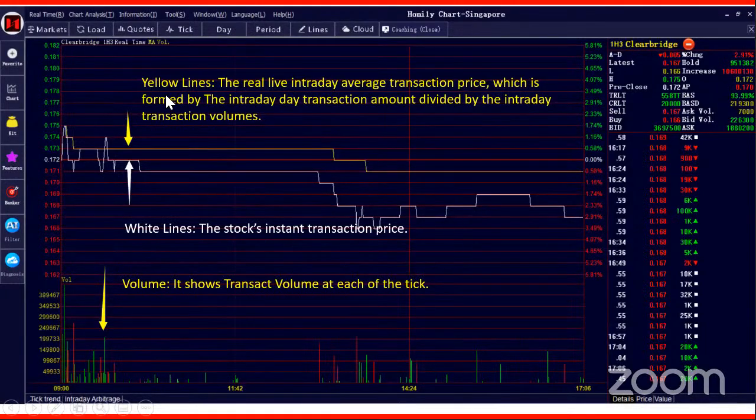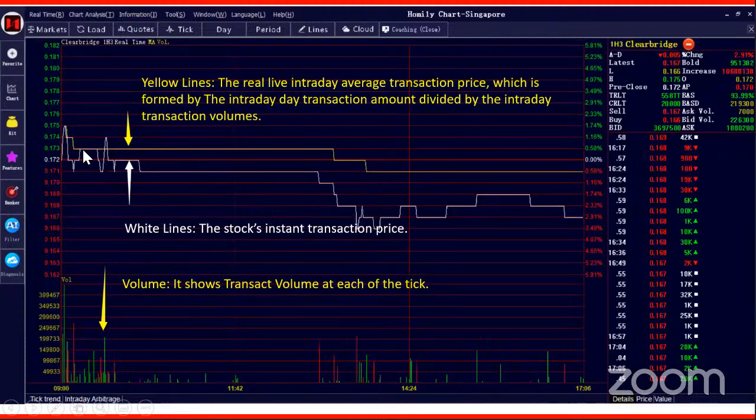All right. Then yellow line. Yellow line is the real-time intraday average transaction price, which is formed by the intraday transaction amount divided by the intraday transaction volume. So the yellow line, in fact, is the average transacted price.